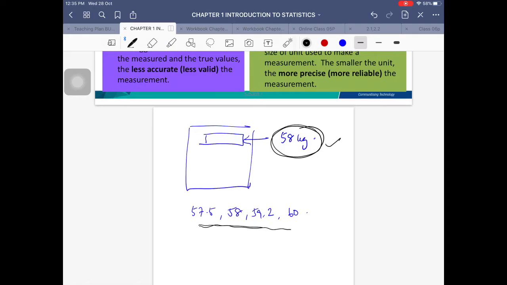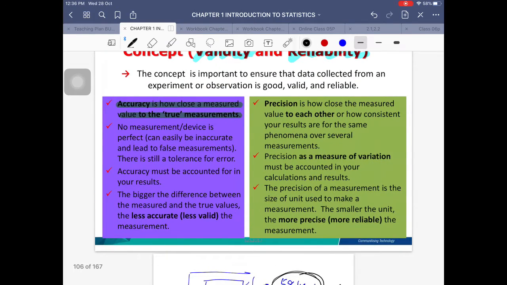From the values that I have here, I'm going to compare whether or not the weighing scale is accurate. If I observe these values, I wouldn't say that it is accurate. It only marked 58 once. The rest are 57, 59, 60, so if I compare, that's a difference of 2 kilos, which is actually kind of big.